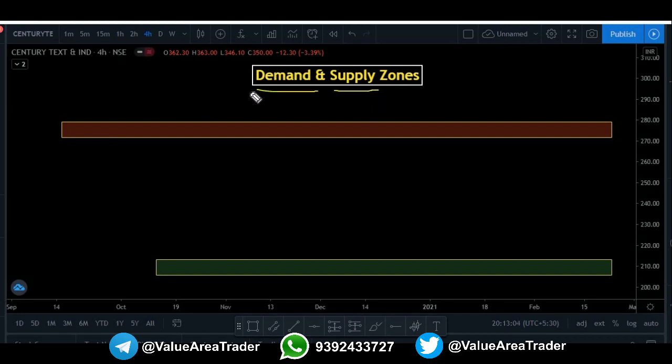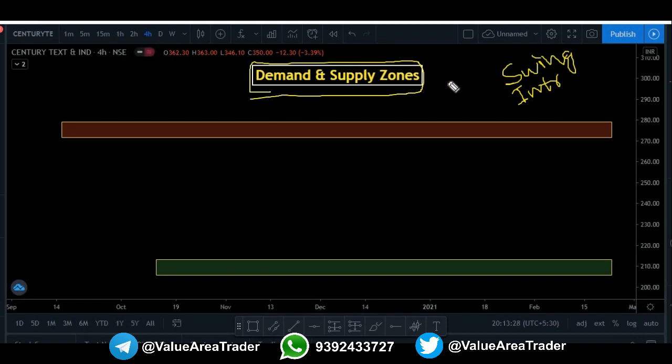Many people are confused regarding these terms: demand, supply, support, resistance, buying zone, selling zone. I'll try to clear all those doubts today. No matter what kind of trading you are doing, either swing trading or intraday trading, you should always have demand and supply zones marked in your chart in multiple time frames.